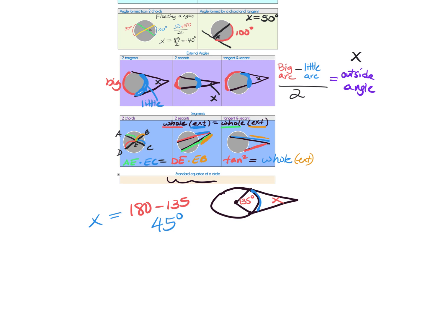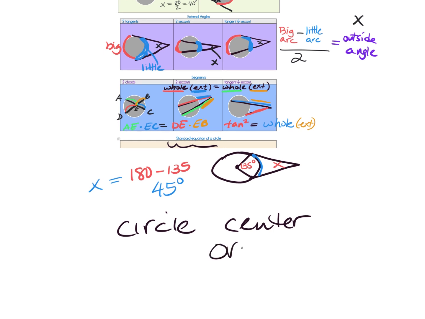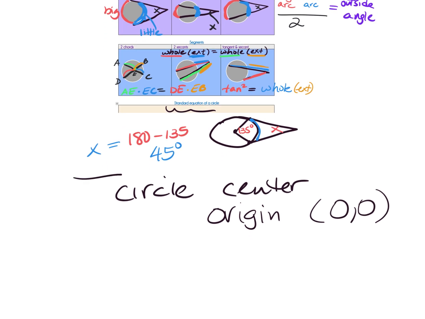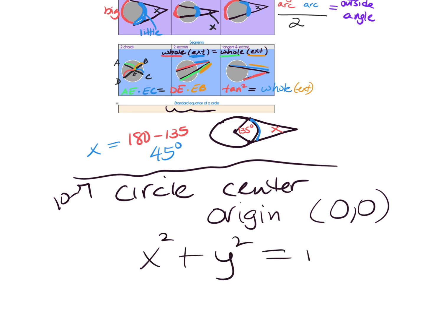Now we're going to do the standard form of the equation for the circle. So when we have a circle and when its center is at the origin, meaning 0, 0, the standard form of the equation, this is 10.7, is x squared plus y squared equals radius squared.